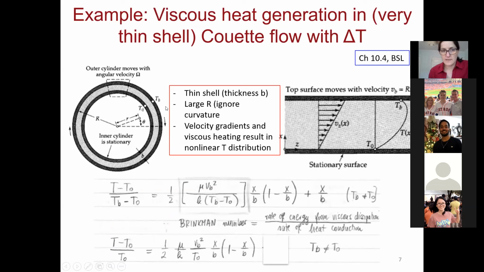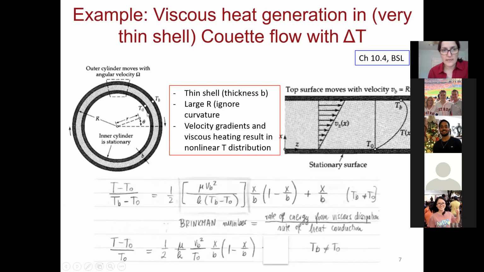So one example that we had was this viscous heat generation in a very thin shell. I'm not going to look at all of the examples, but these are some of the examples that we had. If I have an annulus where the outer part is rotating and the inner part is static, this is what we called Couette flow, and we actually had the solution for this in a cylindrical coordinate system previously.